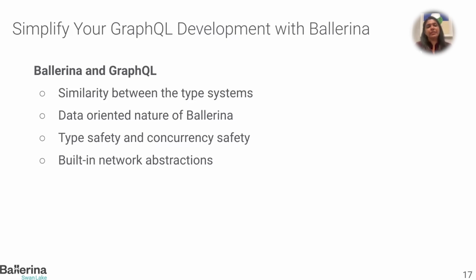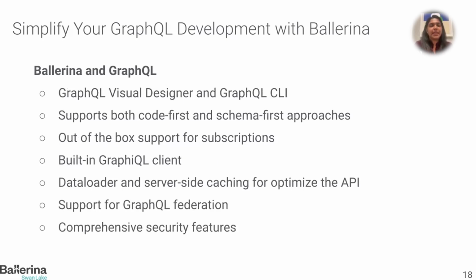And also type safety and concurrency, which is a must for any GraphQL application, and built-in network abstractions. Usually GraphQL means we are developing a server or maybe a client. So if we have built-in abstractions to develop such a service within a couple of seconds or minutes, that's a great big value addition. So those are the similarities. And I will go through these when we discuss about the demo.